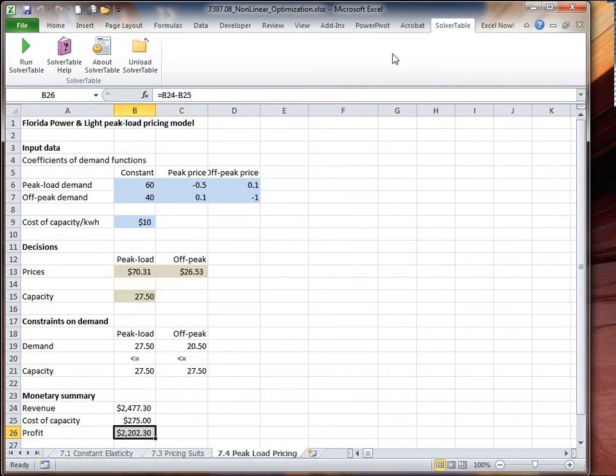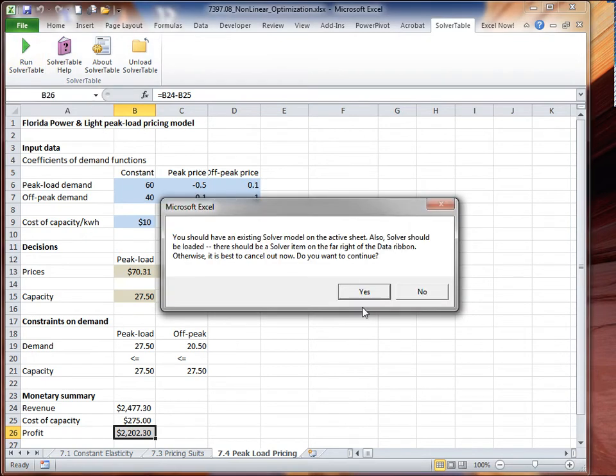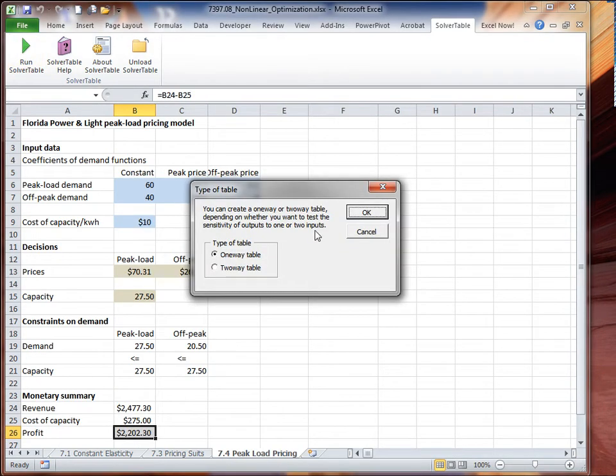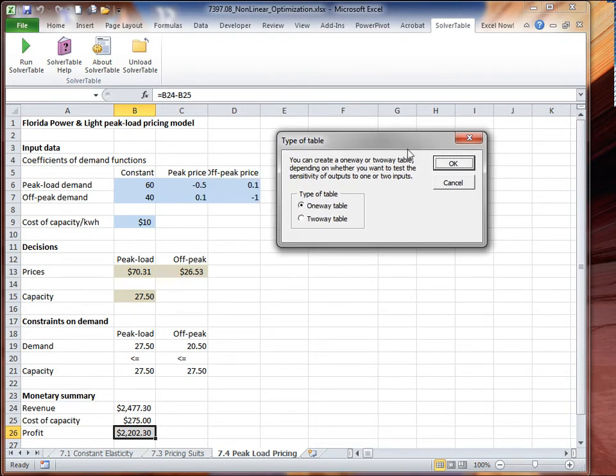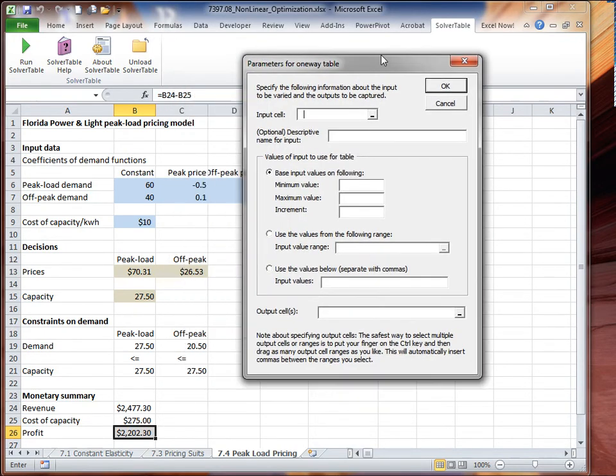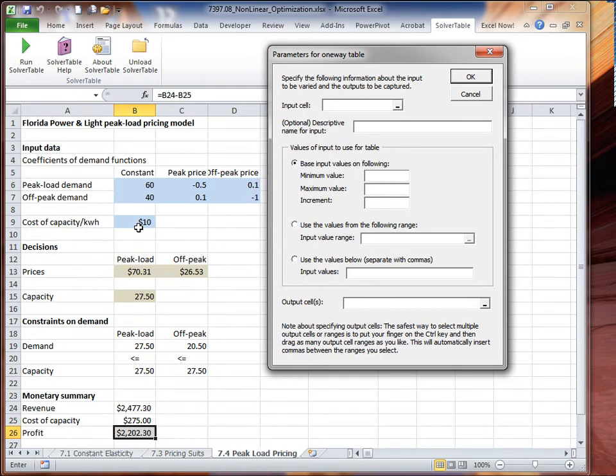Let's play with the solver model that says we're going to do a one-way solver table, and the variable that we're going to change is the cost of capacity. And let's suppose we allow it to vary from $5 to $15 in increments of $1.